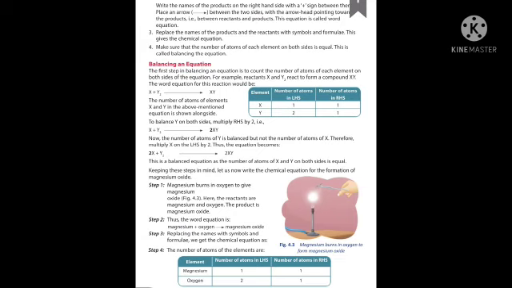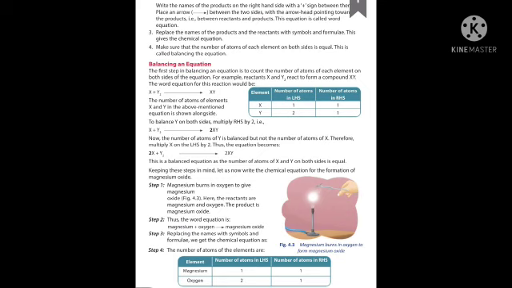Then step 3, replacing the names with symbols and formulae, we get the chemical equation. The number of atoms of the elements: magnesium atoms on LHS is 1, oxygen 2. Number of atoms on RHS is magnesium 1 and oxygen 1. So you have to balance that.